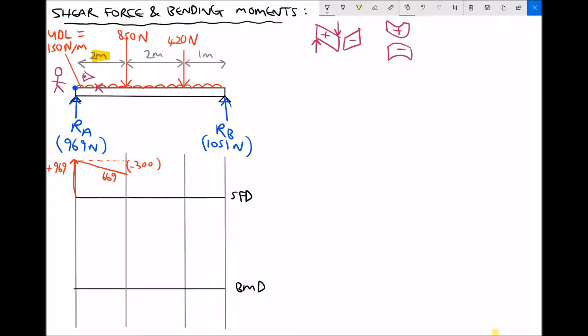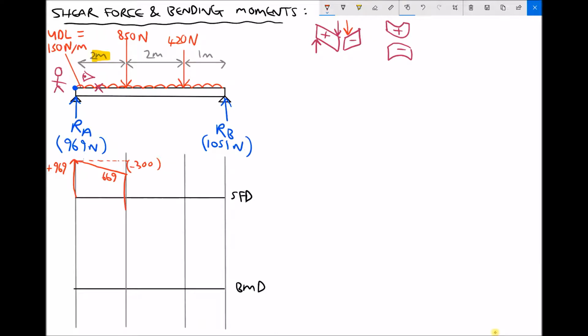Now that brings us to the next point load, because as we continue moving from left to right, we're going to be able to see the 850 Newton force, which is pushing the left side down relative to the right. So the way that we would represent this on our shear force diagram is a line downwards 850 newtons.